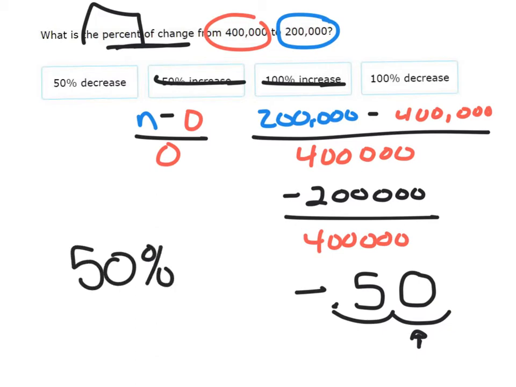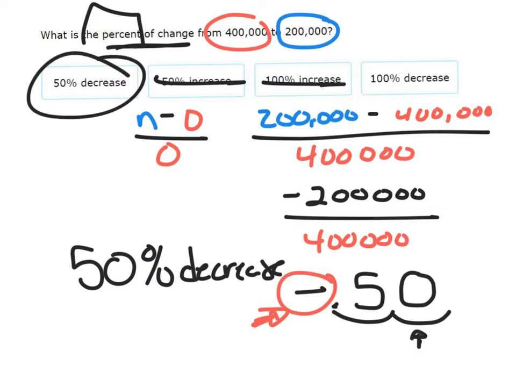Now, one thing I want to point out, this negative here, what we use that for is to help us decide if it's going to be an increase or decrease. If this decimal value comes out positive, that means you have a percent of increase. With the negative, that means that we have a 50% decrease. And we can look up at the top, we see our 50% decrease, so that would be our correct answer here.